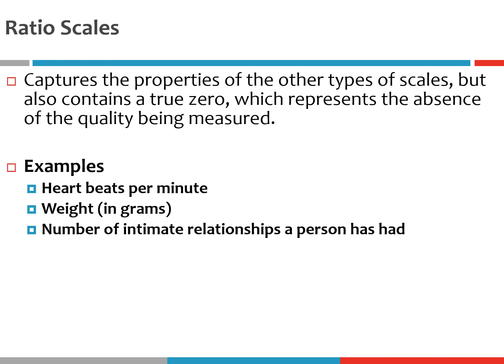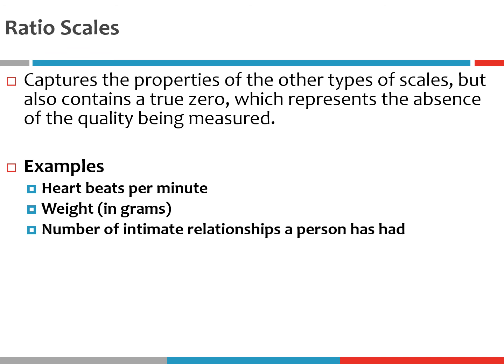Heartbeats per minute has a very natural 0 point. 0 means no heartbeat. Weight in grams is also a ratio variable. Again, the zero value is meaningful because 0 grams very clearly indicates the absence of weight. Similarly, for the number of intimate relationships a person has had, 0 quite literally means none.